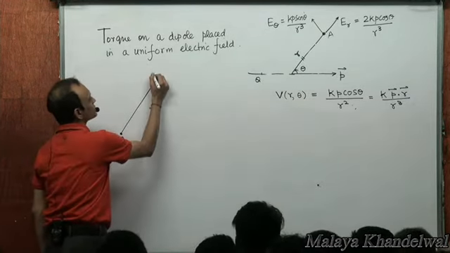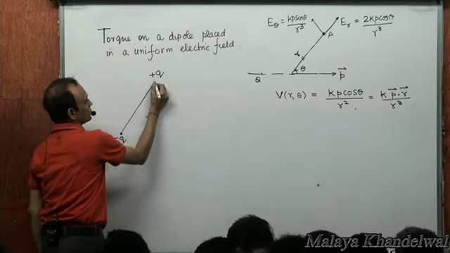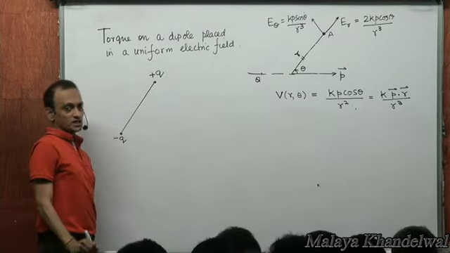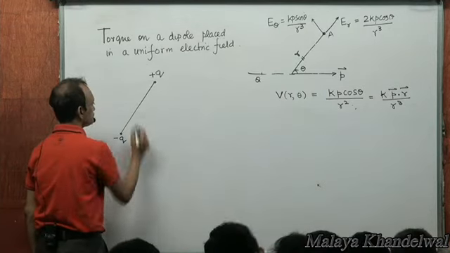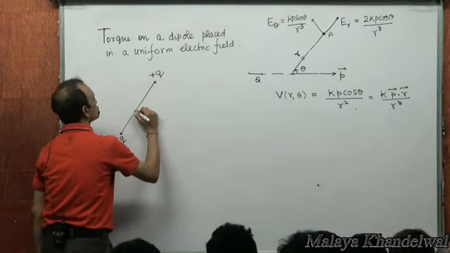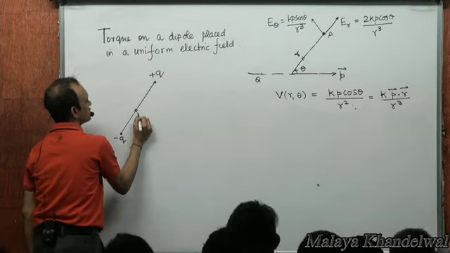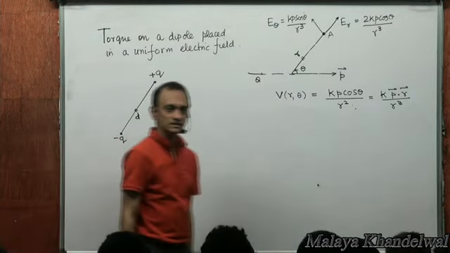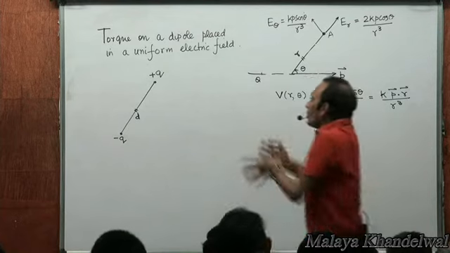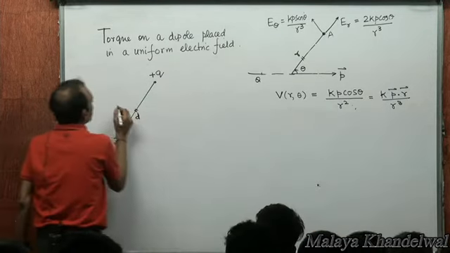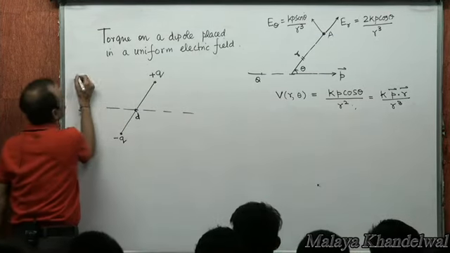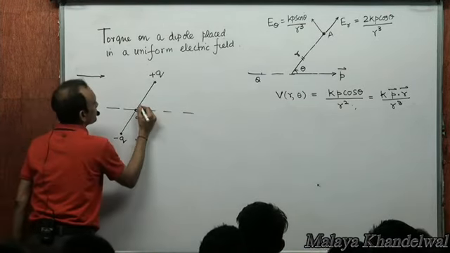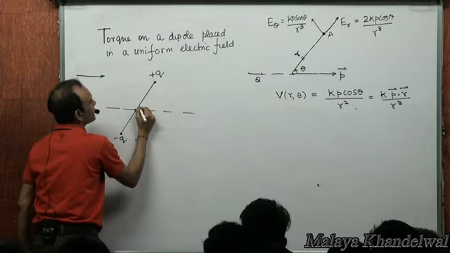There is a charge minus q here, there is a charge plus q there. This is a dipole. And say the two are separated by a distance d. And the whole arrangement is placed in an electric field, say parallel to this line, making an angle theta.